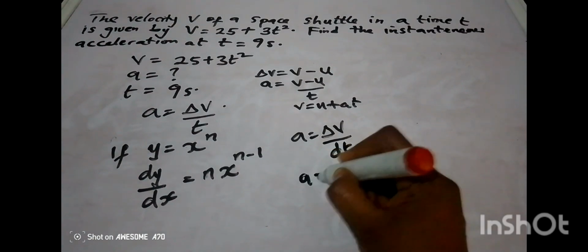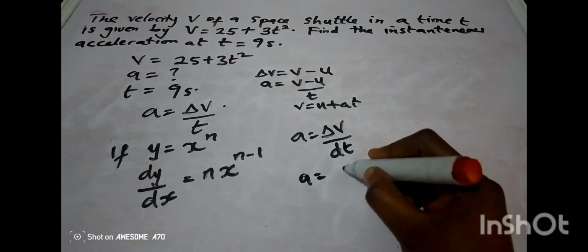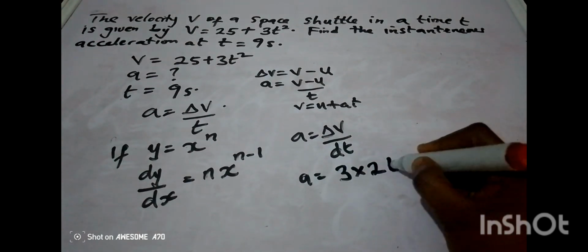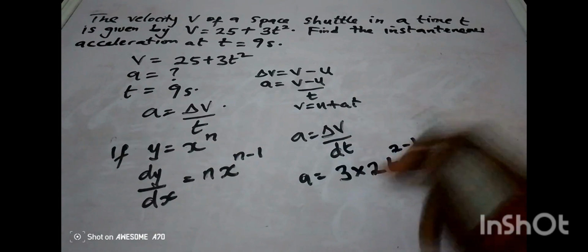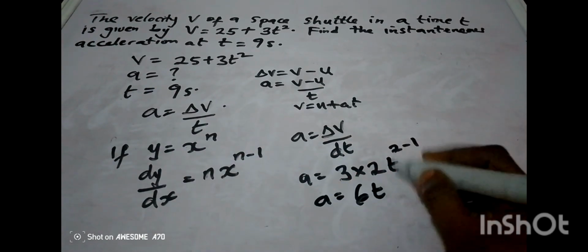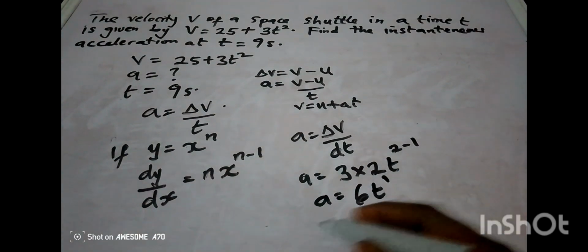So acceleration, if I differentiate velocity with respect to time, is going to give me 3 times 2t raised to power 2 minus 1. So the acceleration is going to give me 6t raised to power 1. So that's our acceleration.